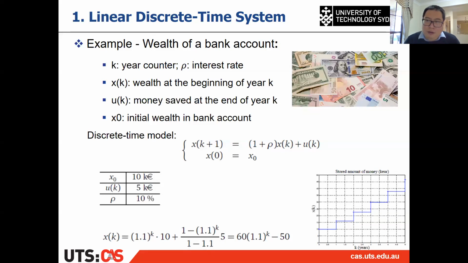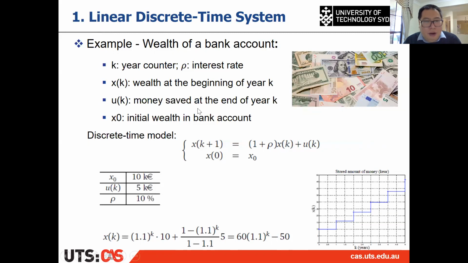Which means if you can have a formulation which only has xk plus 1, xk and also uk, then you have formulated the linear discrete time system. All right, so let's go back to this example and formulate it together. And after that, you will have some activities about formulating it by yourself.